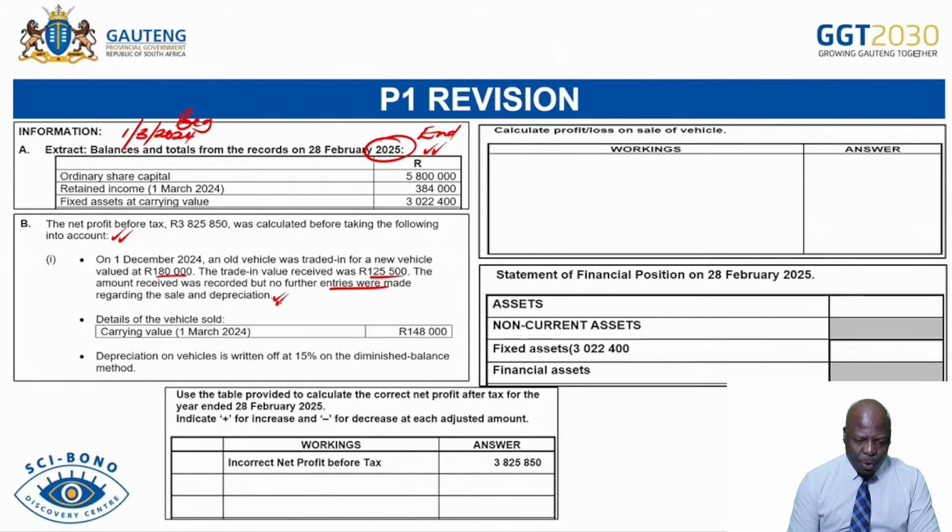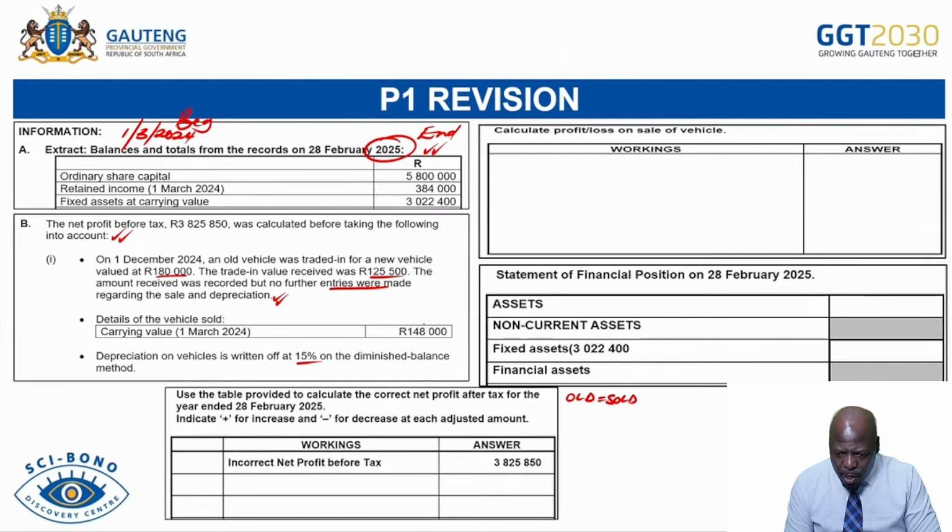Details of the vehicle sold. We have the carrying value of 148,000 and depreciation is at 15%. Okay, let's get the calculators ready. So we understand that we have two vehicles. We have an old vehicle, which is the one that is being sold.